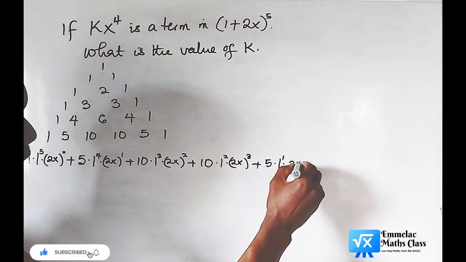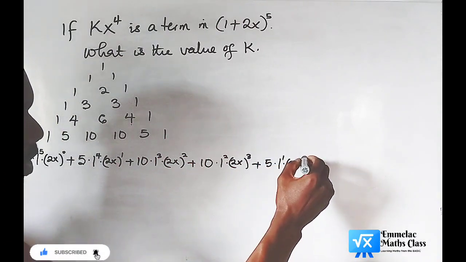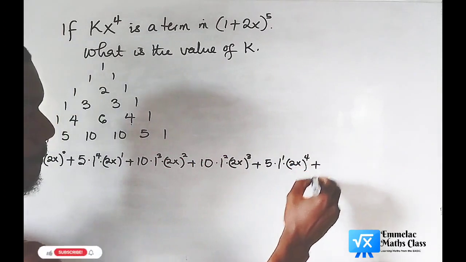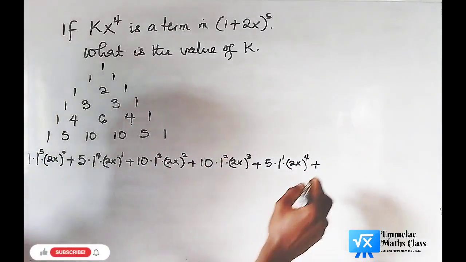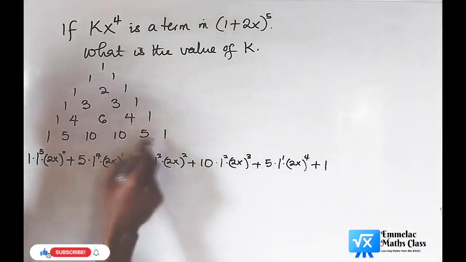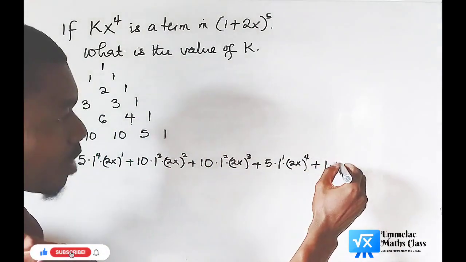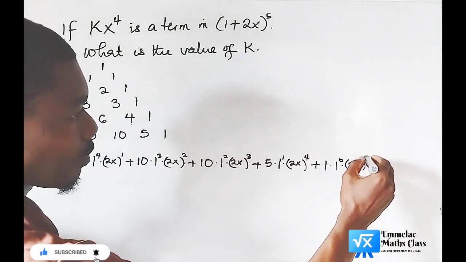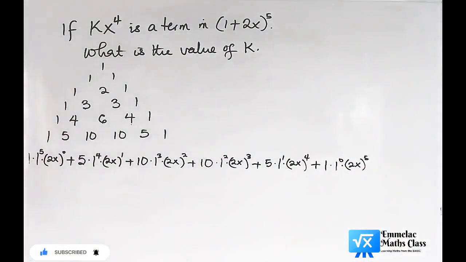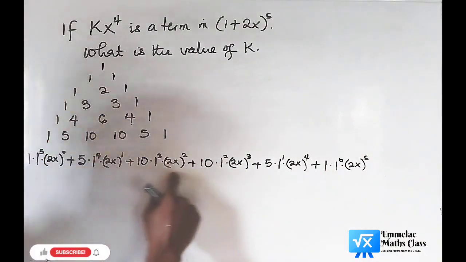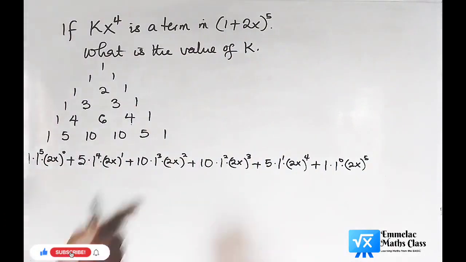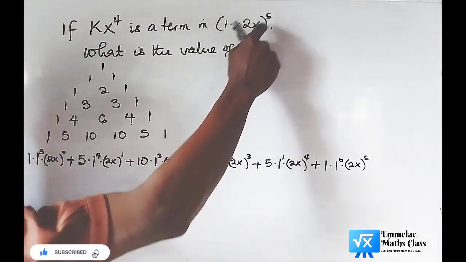Then times 2x raised to the power of 4. Okay. Then plus 1 here, which is this. Then times 1 raised to the power of 0 times 2x all raised to the power of 5. Okay. Now this is the expansion for 1 plus 2x raised to the power of 5.